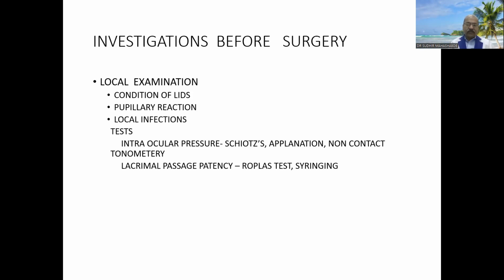So we test the patency of lacrimal passages by syringing. Syringing is a test where we anesthetize the conjunctival sac, dilate the lacrimal punctum and pass a cannula filled with normal saline in the direction of the canaliculus and push fluid.